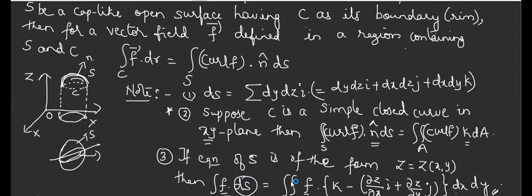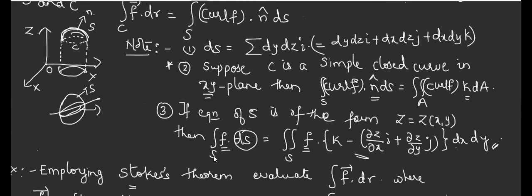Similarly, one more thing is there. Suppose we have an equation of S of the form z is a function of x and y, meaning z is present, so you can have an equation of the surface in terms of x, y, z. Then you can write the integral of F dot n cap dS over S in terms of this value.